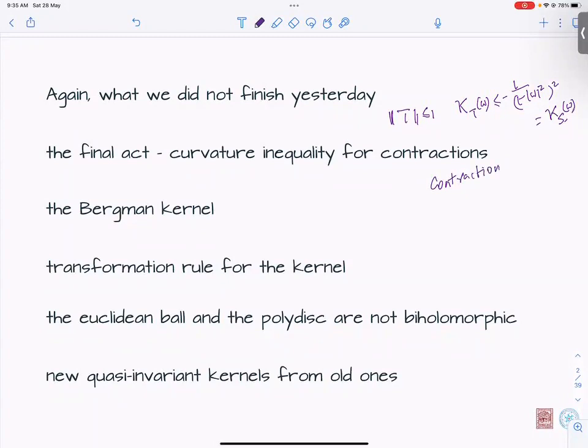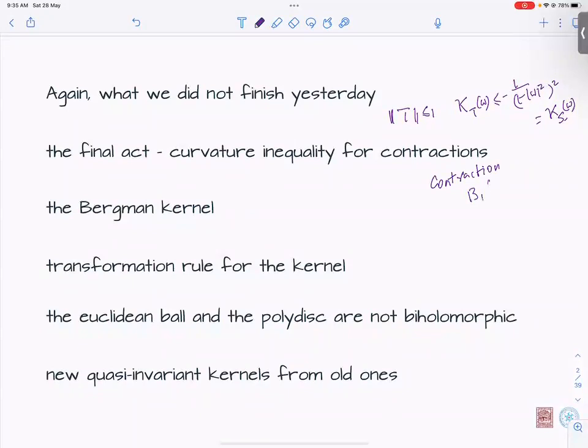Here, a contraction means that the operator is in what is called B1 of D, the open unit disk. But if you take a T in B1 of omega, then you can ask for curvature inequalities like these, and whether there is a universal operator like the backward shift operator here that bounds the curvature of operators in B1 of omega, satisfying appropriate hypotheses which have to substitute for the condition of contraction.